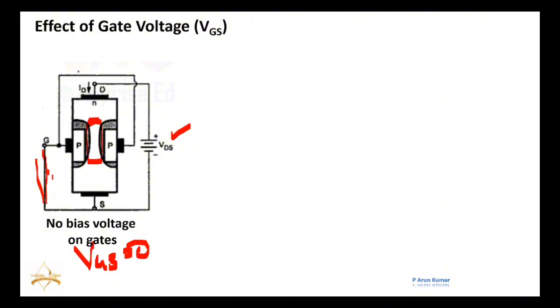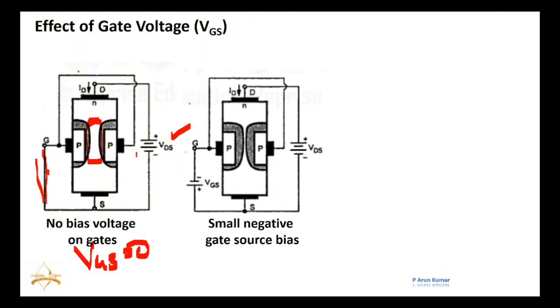If I start giving this VGS in a negative direction, then this effective channel will decrease. Why? Because this depletion region will increase. Due to that, the effective channel will decrease. In that way, the number of electrons moving from source to drain also decreases. So the current also decreases.